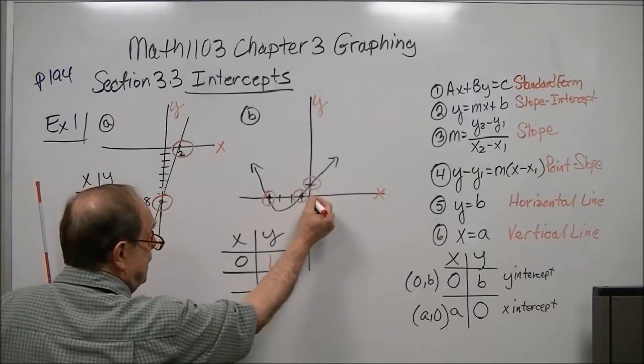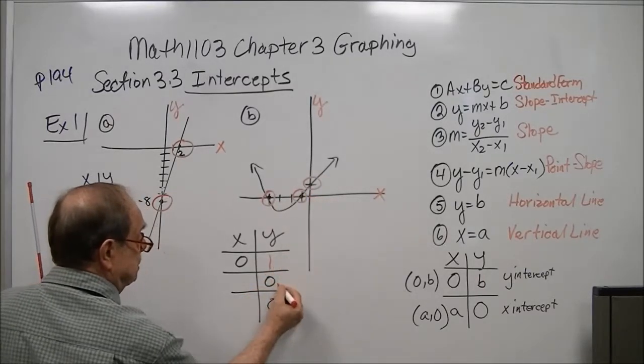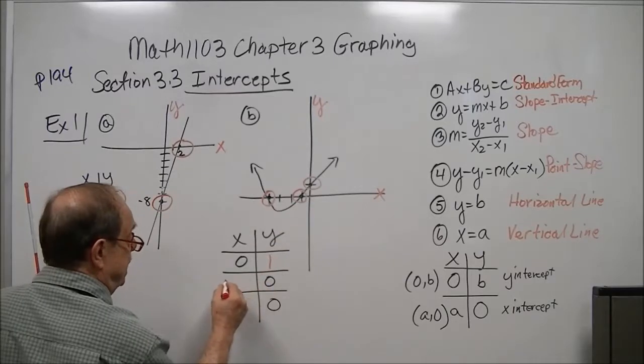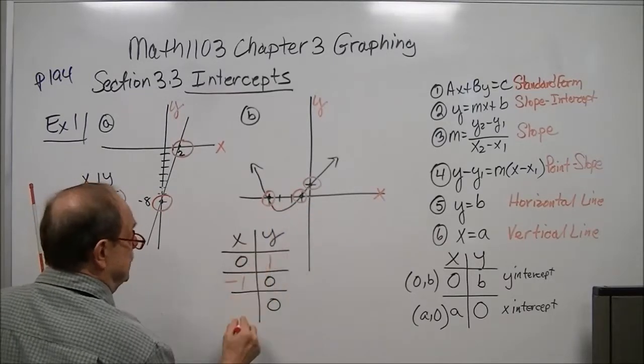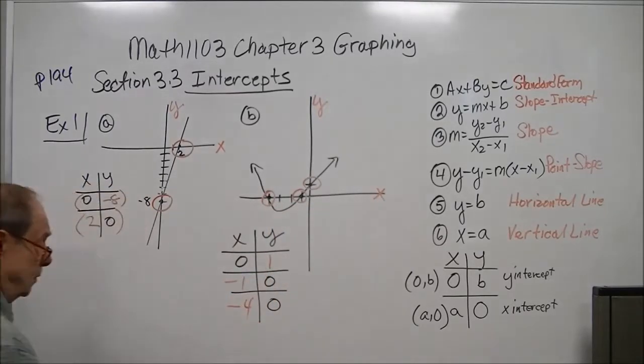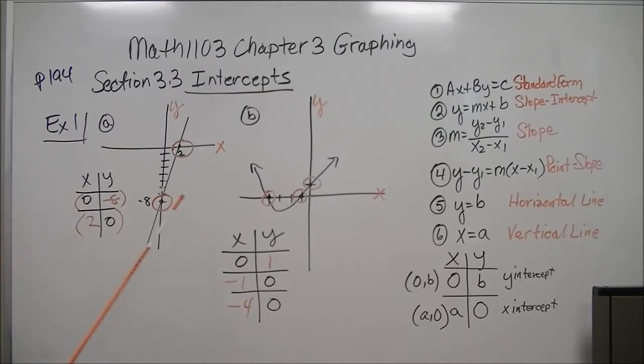Now here your y value is 0, and one will be a -1, and this one is a -4. In one of your later courses, the college algebra course, they're going to say, find the zeros. Well, it's for something like this. And it's when y is 0, what value would x have?